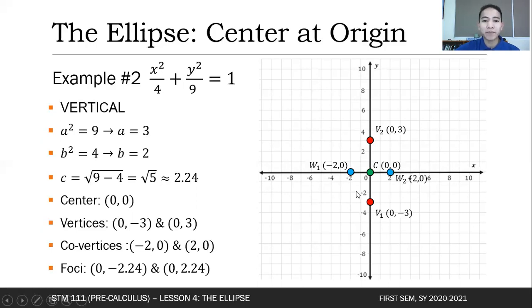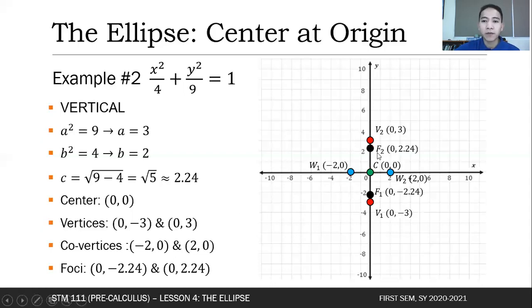Then yung foci, so we just estimate kasi decimal, di ba? So negative 2.24. So that is why I prefer, mas convenient pala, gamitin ang decimal dito sa graphing. Because you don't know where square root of 5 is. Mas mahirap siyang intindihin kung saan. Mas madaling intindihin yung decimal equivalent niya. Yan.